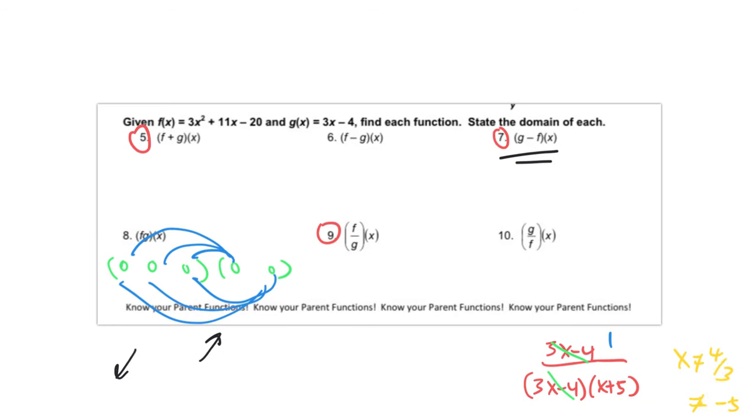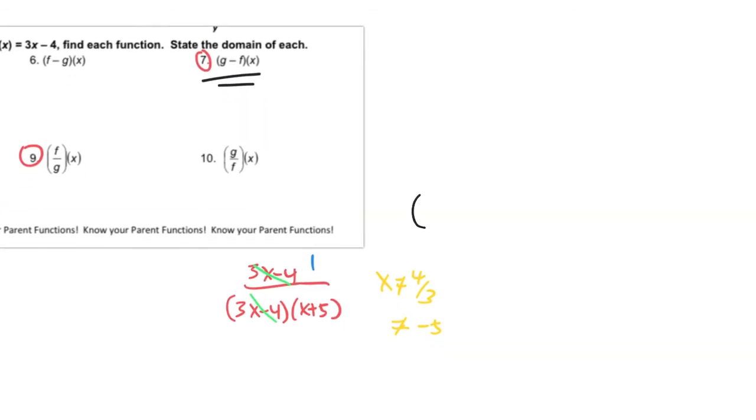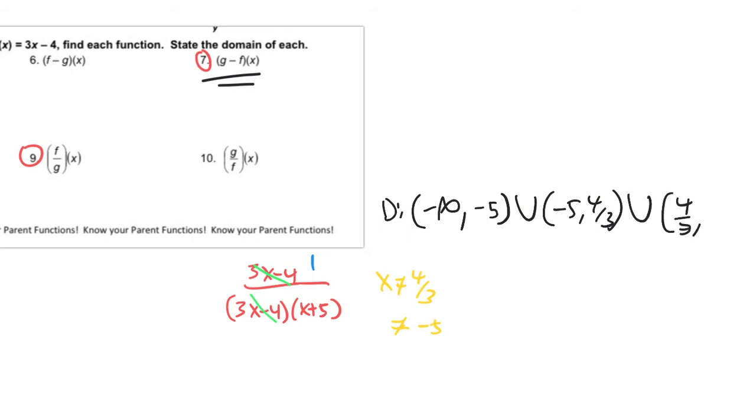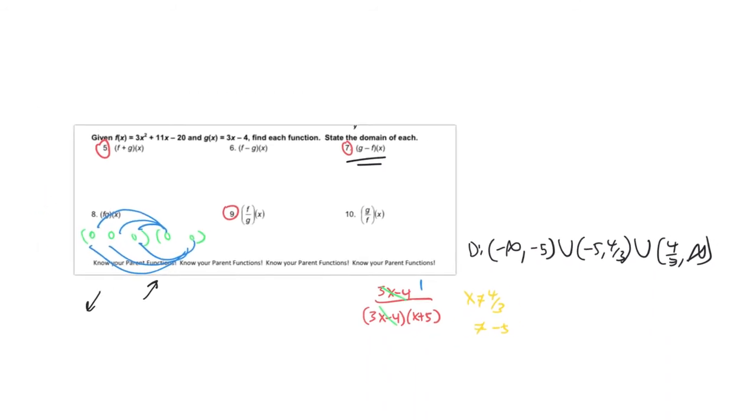So the domain in that case would be negative infinity all the way up to negative 5, then from negative 5 all the way up to 4 over 3, but not including 4 over 3, and then 4 over 3 all the way up to positive infinity. So hopefully that makes sense. That's 3 sections of the domain.